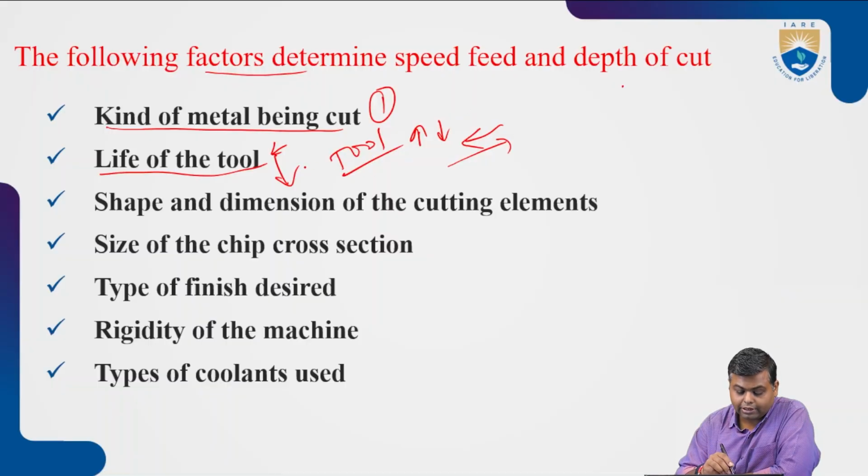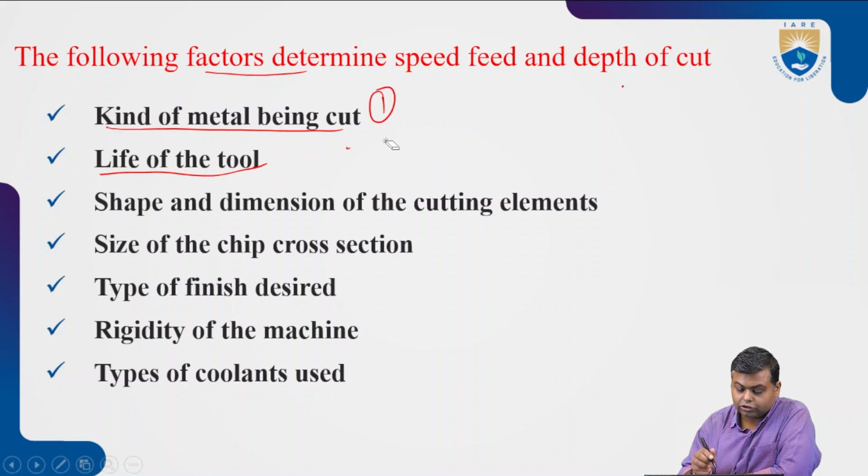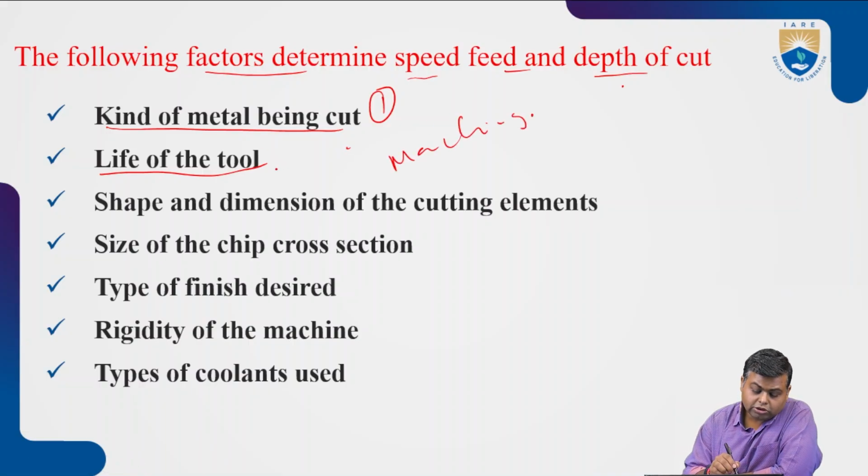Similarly, with respect to feed and depth of cut. So we need to have control over the process parameters. These parameters, speed, feed, and depth of cut, have a very big impact on the machining process. So the second factor is the life of the tool.